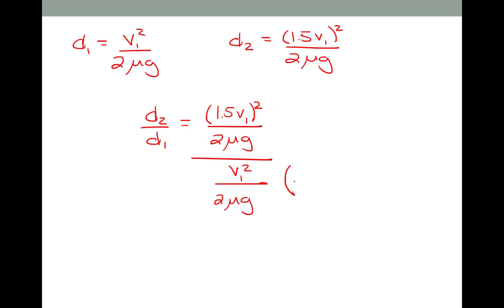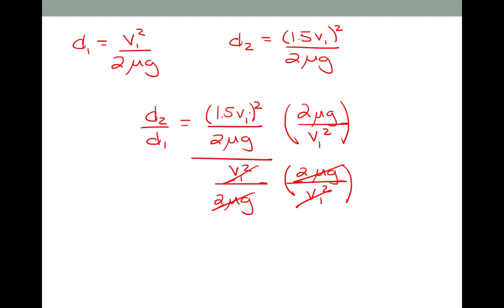And to pull this out, you have to invert and multiply to get rid of the improper fraction. Everything in the denominator now cancels. The factor of 2 mu g cancels because that again was kept the same. And I'm left with 1.5 v1, the whole thing squared, over v1 squared.